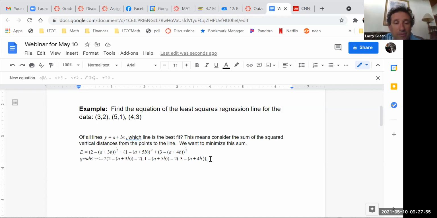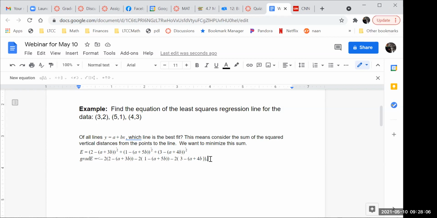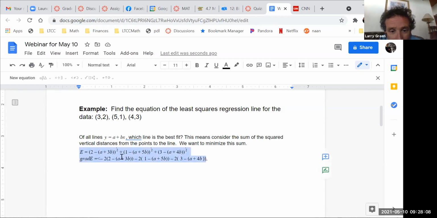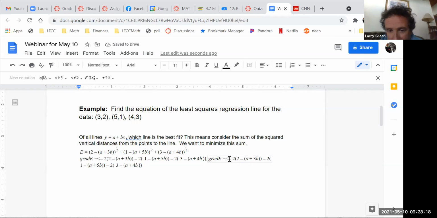Okay, then what do we do? Here's the end. I just found the derivative with respect to A. Find it with respect to B. Yep, find it with respect to B. And it'll be very similar. In fact, it's worth copying and pasting, if it lets me. And erasing what I can.